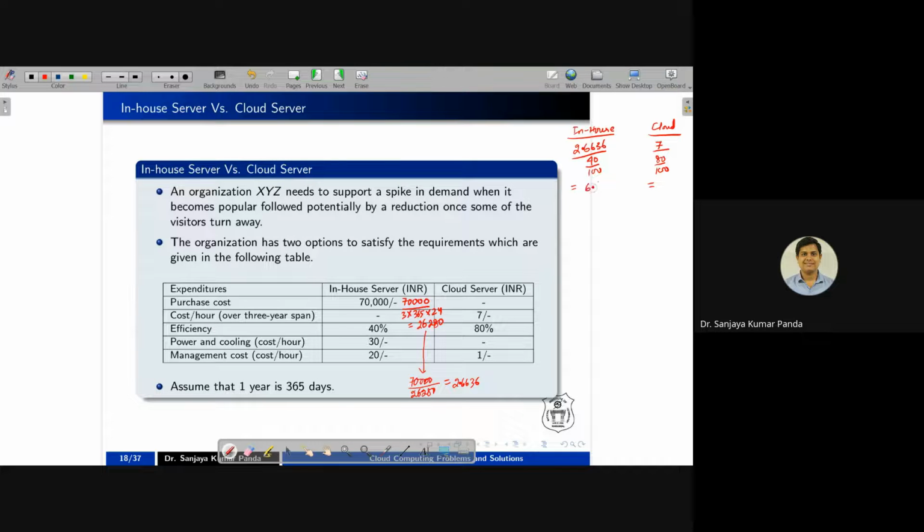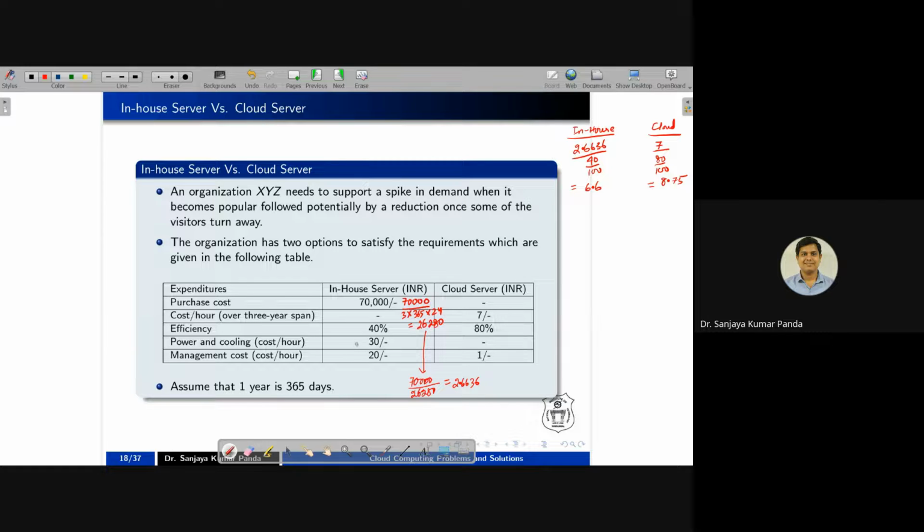Okay, 6.6 for in-house. Cloud case, 8.75. Okay, 8.75.